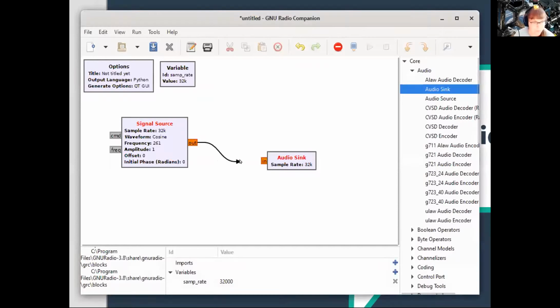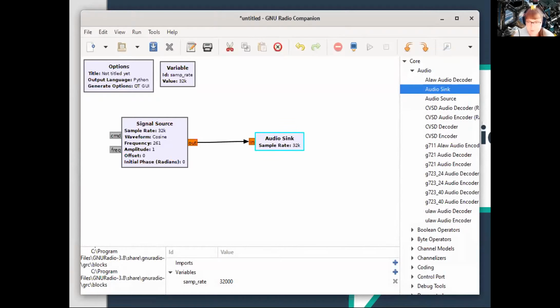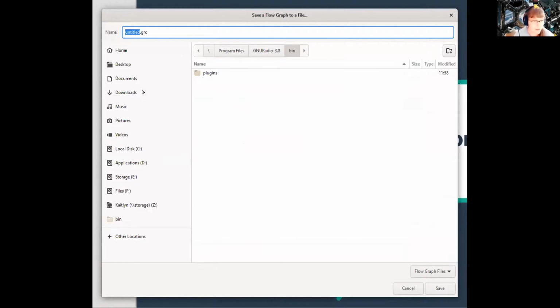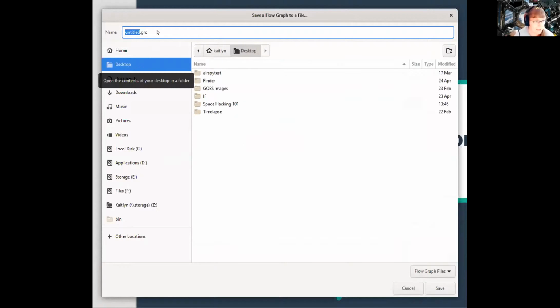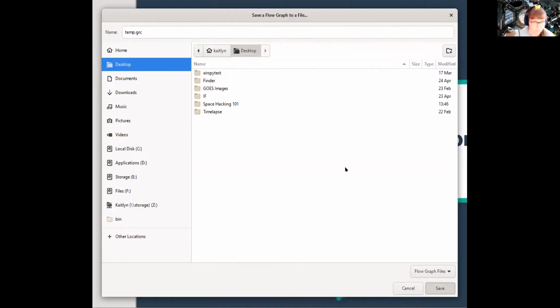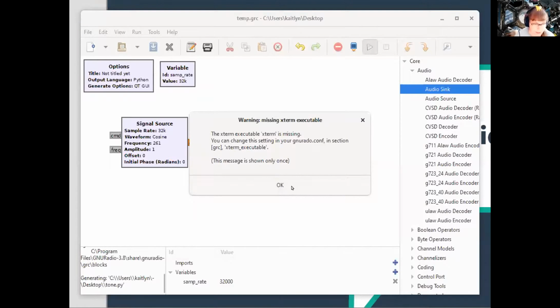All right, so now we have an audio sink and a signal source. And we just drag from the output to the input of the audio sink. And if we run it, we'll get a tone out. So we have to save it first. So I'll save it on my desktop. Temp. Warning, missing xterm executable.